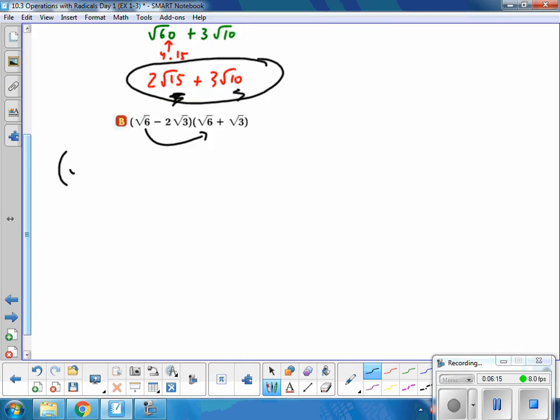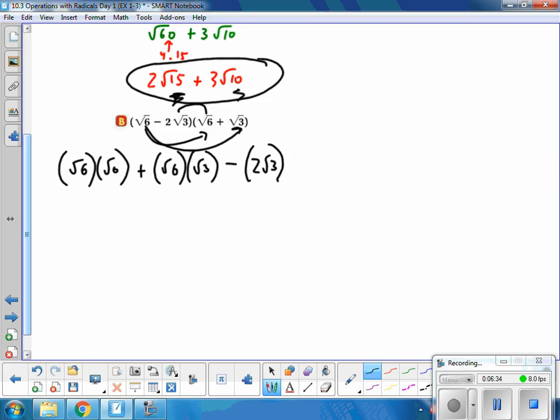So I have square root of 6 times square root of 6, plus O, which is the outside, square root of 6 times square root of 3, inside, which is going to be minus 2 times the square root of 3 times the square root of 6 outside.